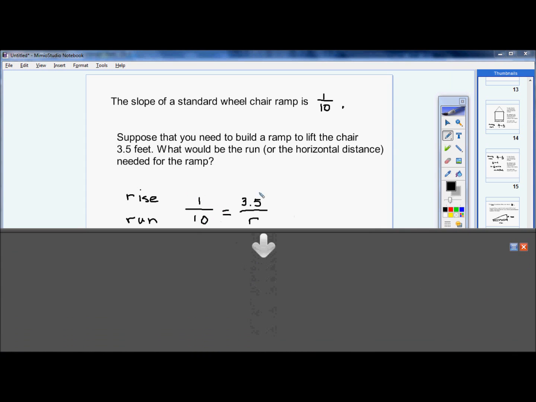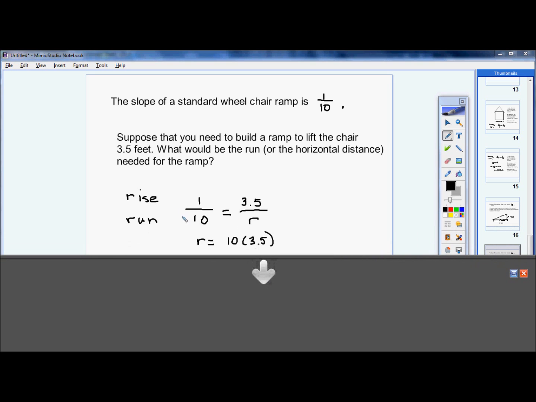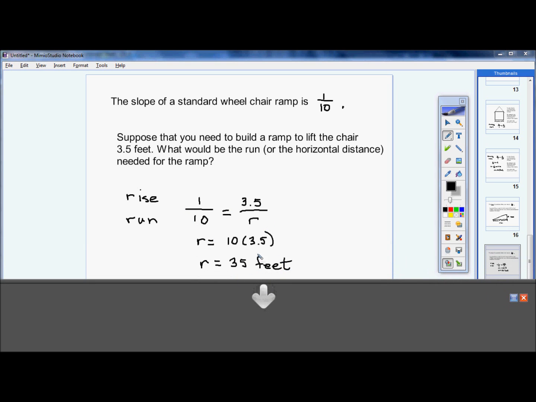Rise over run. 3.5 is the rise, how far up the wheelchair needs to go. I'm letting R equal run. And once again, you do the equation like you usually do, cross multiply. 1R equals 10 times 3.5. And in this case, you need 35 feet of horizontal distance in order to make that wheelchair go up 3.5 feet.